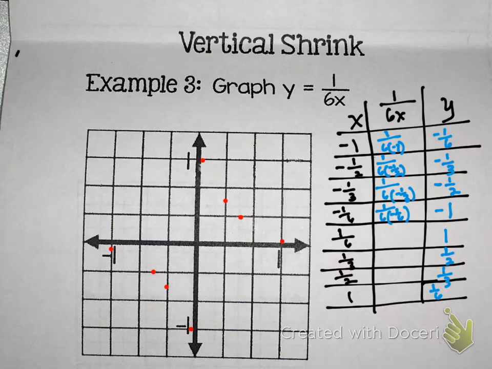And remember, we have to use these horizontal and vertical asymptotes, so you know that you have an asymptote here, and you have an asymptote here. And so filling in your graph, okay, whoops, off on that one.